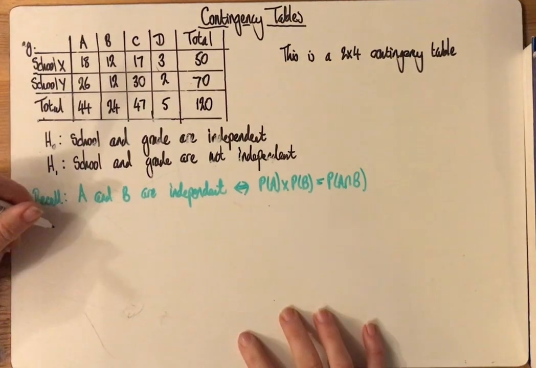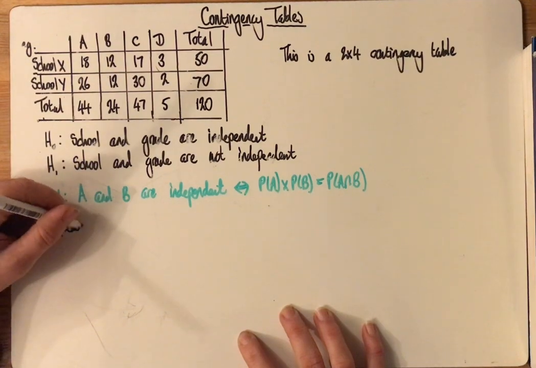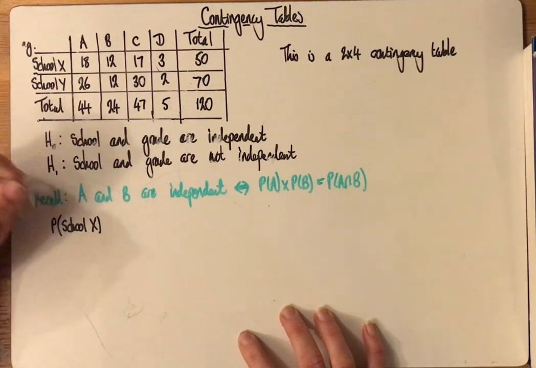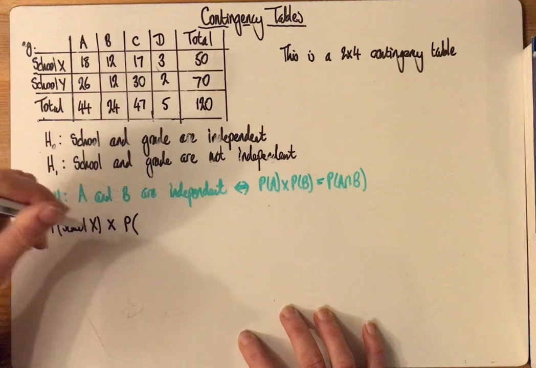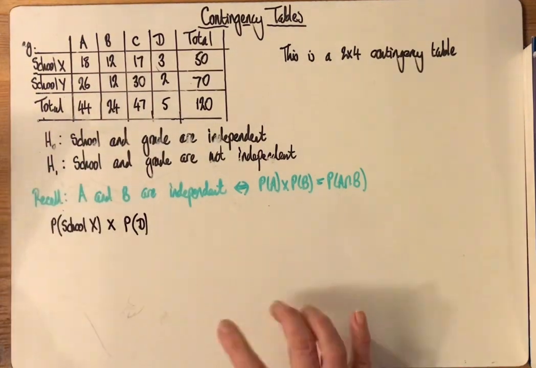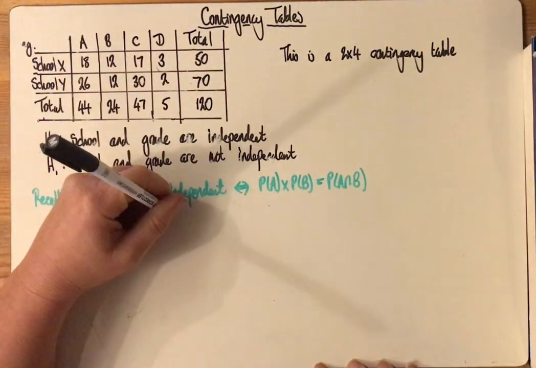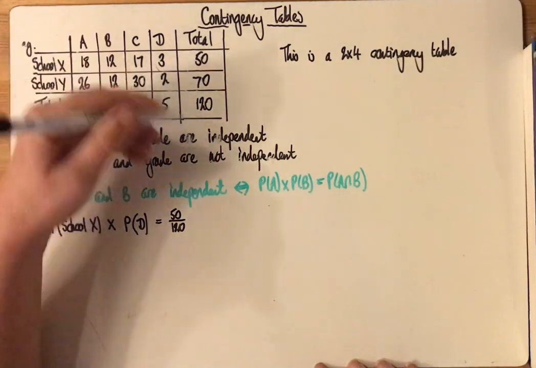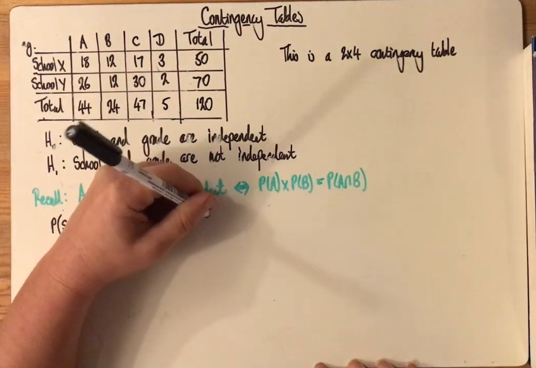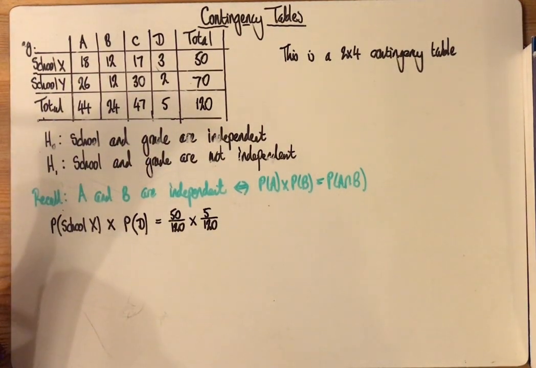So if I do the probability of being in school X times the probability of getting a grade of D. So the probability of school X is 50 out of 120. And then the probability of getting a grade D is 5 over 120.